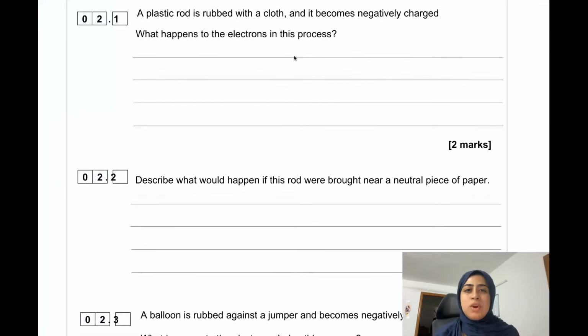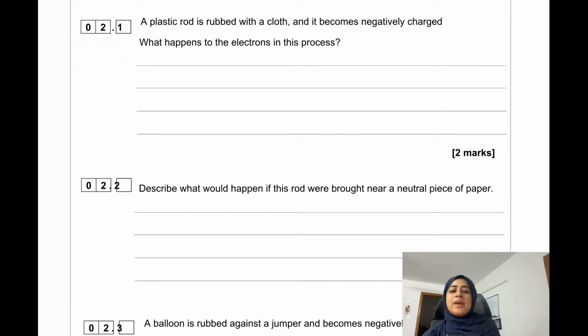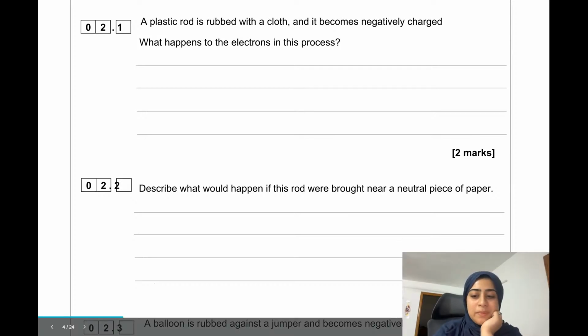So a plastic rod is rubbed with a cloth and it becomes negatively charged. What happens to the electrons in this process? Remember what rubbing materials together does.